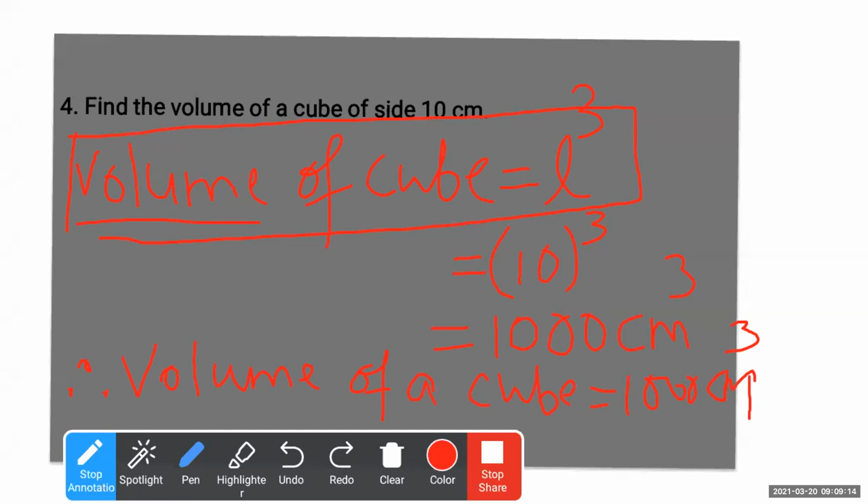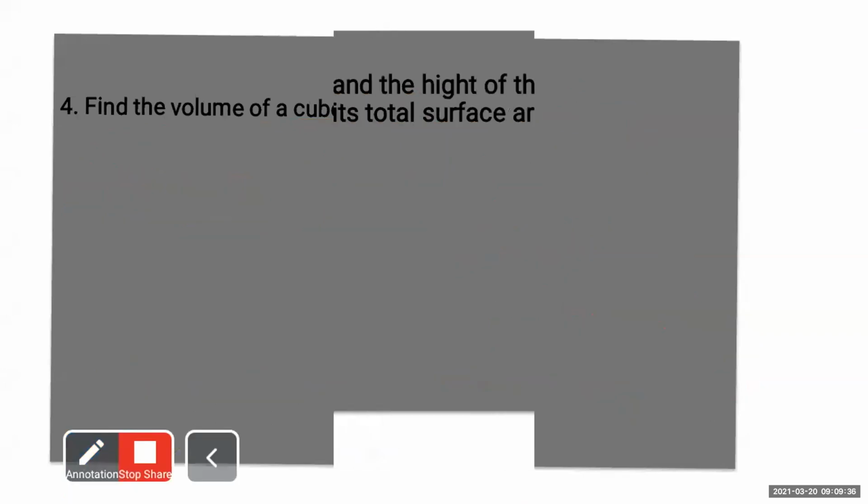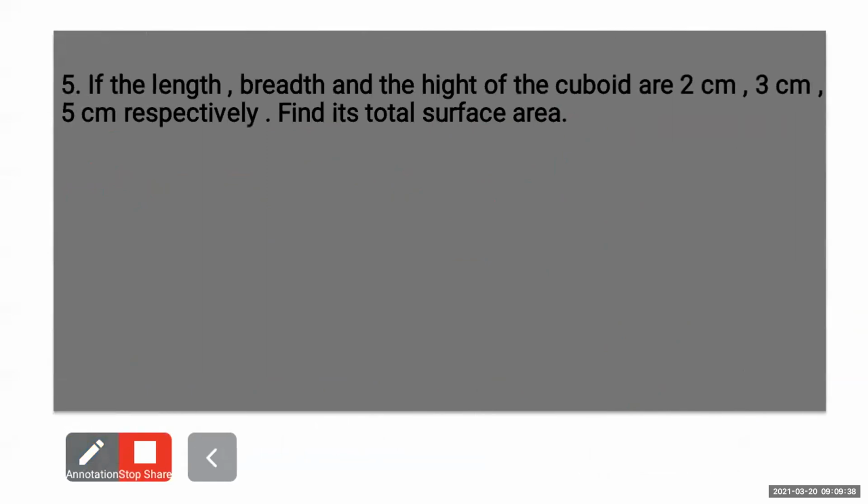So the presentation should be like this: what is given to you, what you have to find out, then the formula, then the substitution, and then the final answer. I hope that the question is clear and the presentation is also clear. Next one.